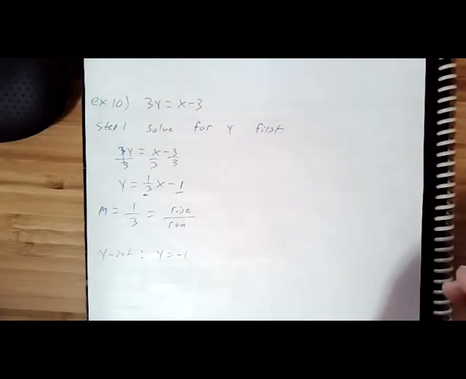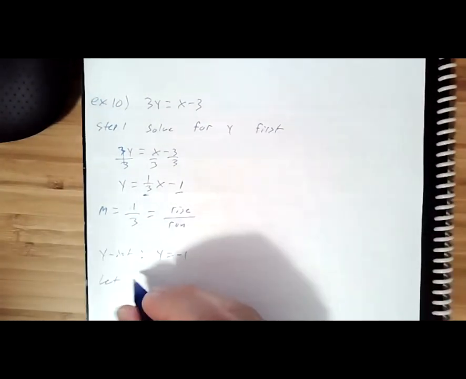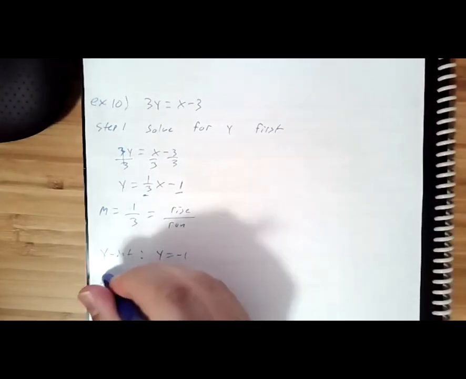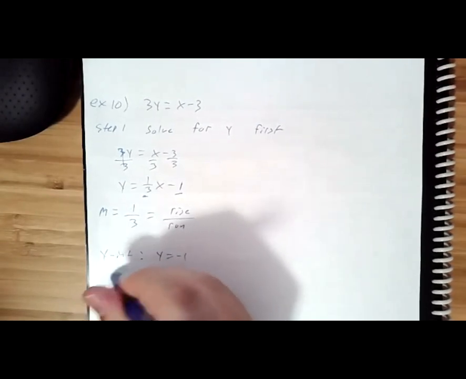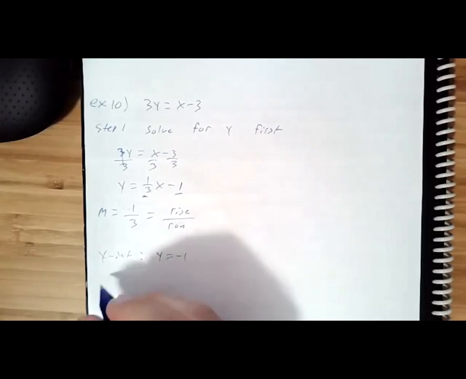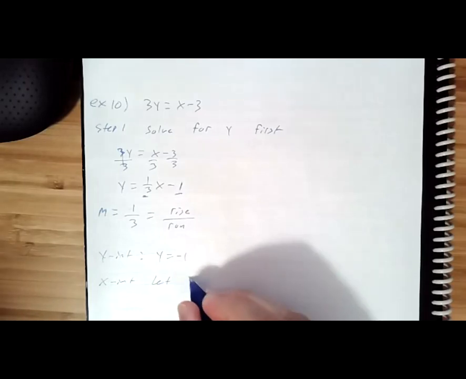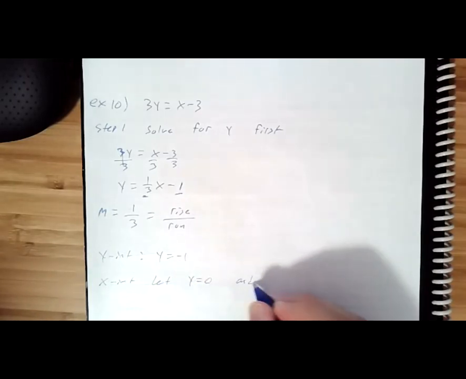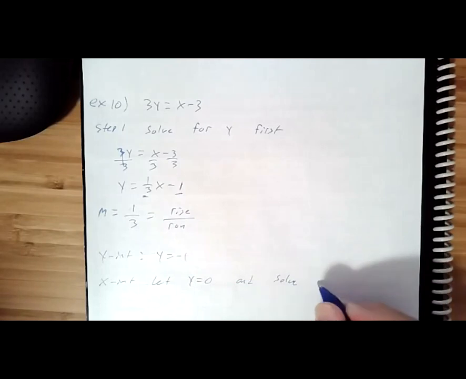To find the x-intercept, we have to let y equal 0, and then we solve for x. So x-intercept, let y equal 0, and solve for x.